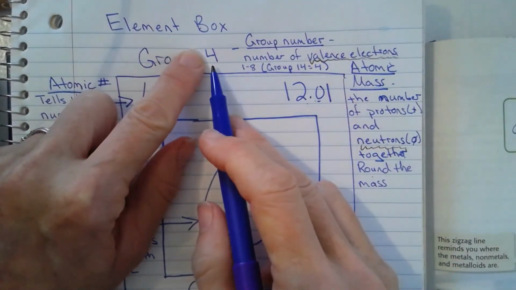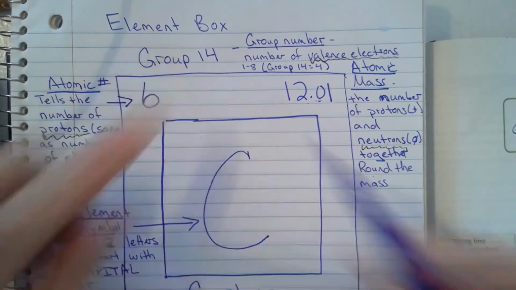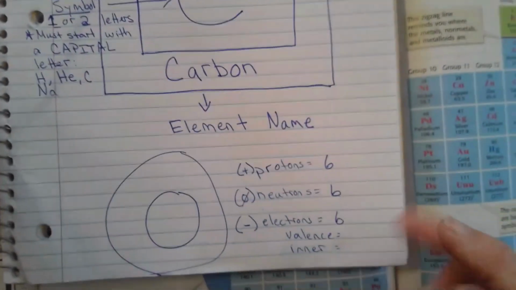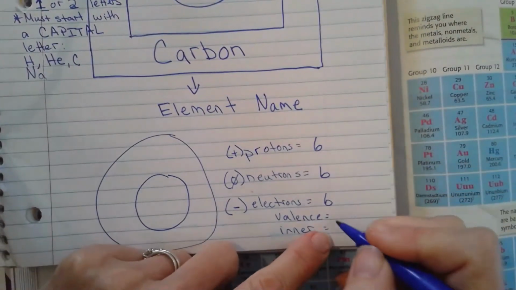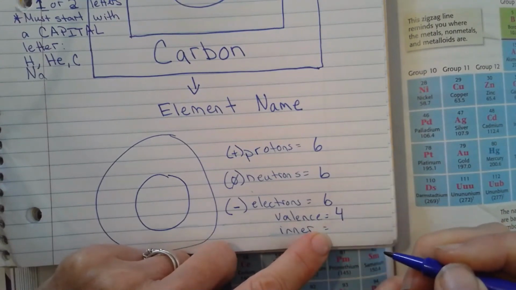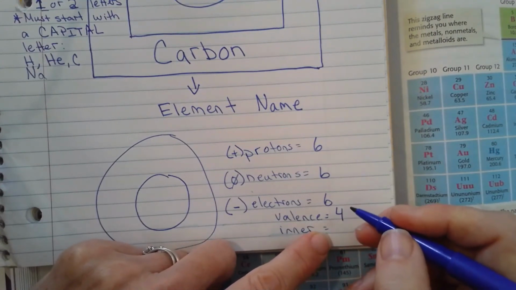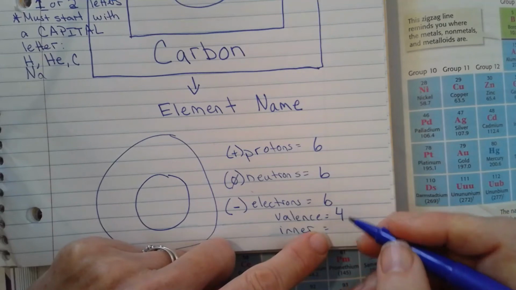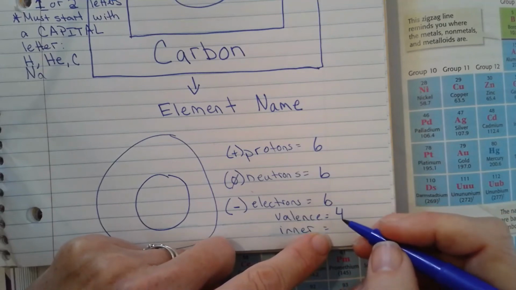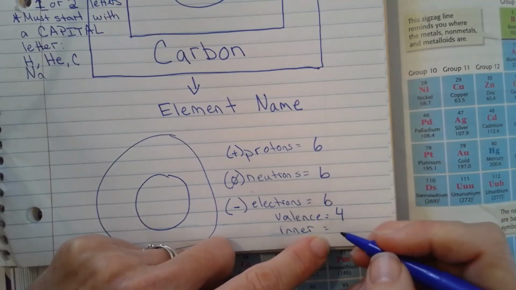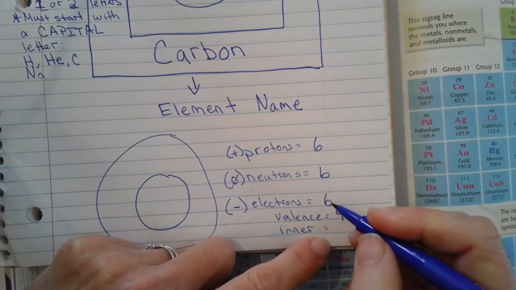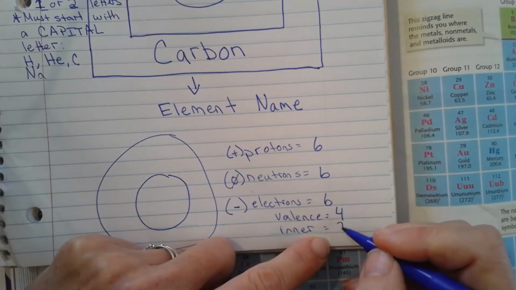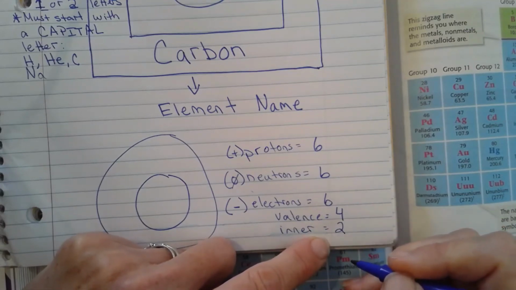So that means I have 4 valence electrons. Well, if I have 6 total, and 4 of them are valence, whatever's left over is going to be my inner. So 6 take away 4, I have 2 inner.